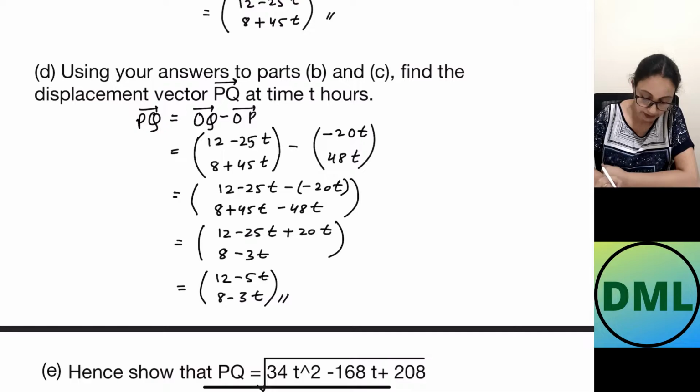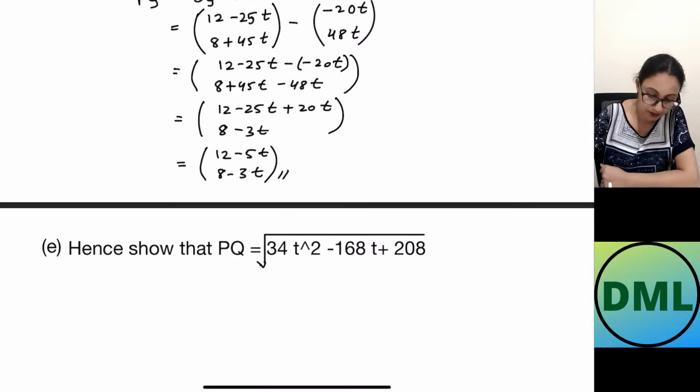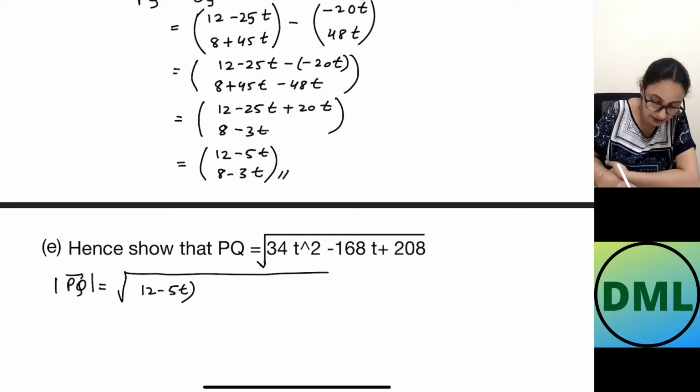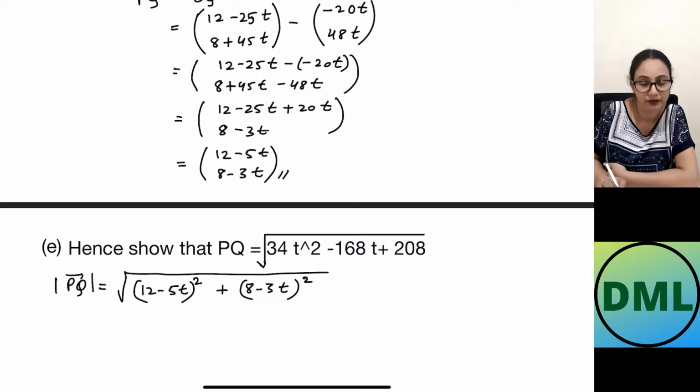Hence, show that PQ is equal to the square root of 34t² - 168t + 208. So I need to find the magnitude of the vector PQ. The magnitude of the vector PQ will be written as the root of (12 - 5t)² + (8 - 3t)². Now I need to solve that.